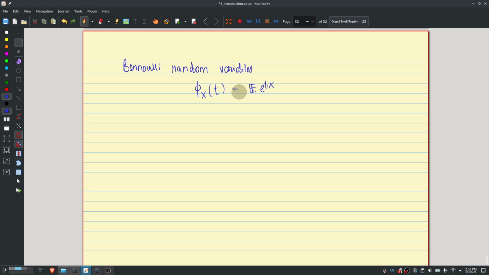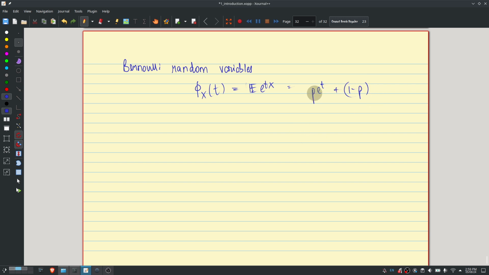Oh, yeah, plus 1. Correct. So it's just equal to p times e to the power t, when X is equal to 1, plus 1 minus p times e to the power 0, which is just 1. Right? Any questions?